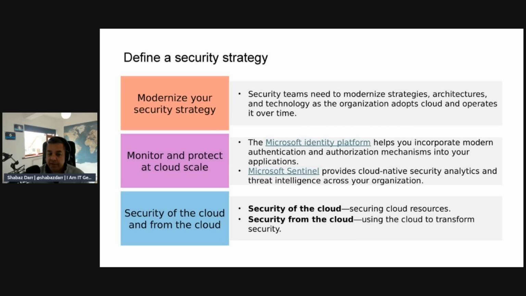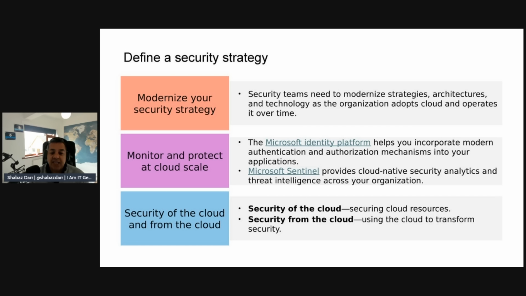Unless you're a startup and you've gone cloud native, it's very rare that you're going to have a cloud native environment to start with. So the first thing is you need to modernize that security strategy. Your security teams really need to work on that. Look at the strategies, the architectures and the existing technologies, and then start to adopt cloud and operate this over time. You then need to monitor and protect at cloud scale as well.